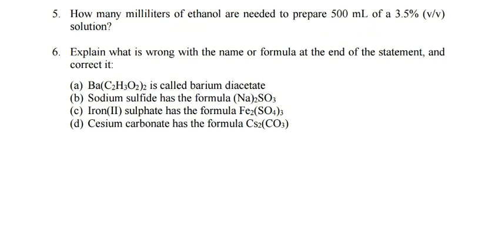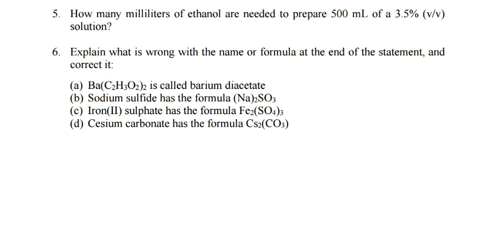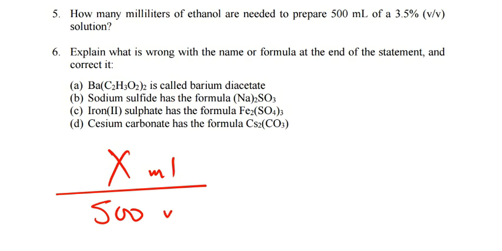So we need the solution to be 3.5%. Okay, so we already have 500, which is the total solution. So what solution should we put on top, which will be able to give us 3.5%, right? Okay, how many milliliters, which I'm calling X, of ethanol are needed to prepare 500 milliliters of a 3.5% volume to volume?